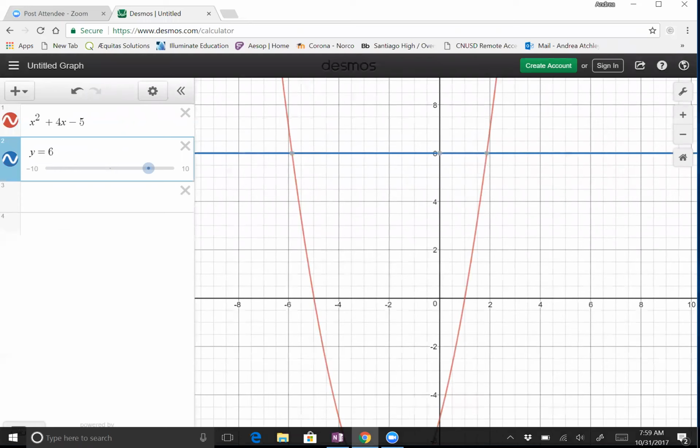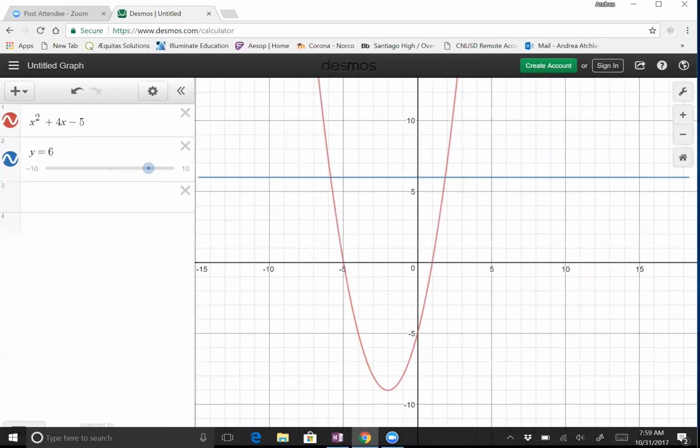Okay. So here I can see where the graph is, and it even gives me an answer. Okay, it's equal to negative 5.873, and then positive 1.873.